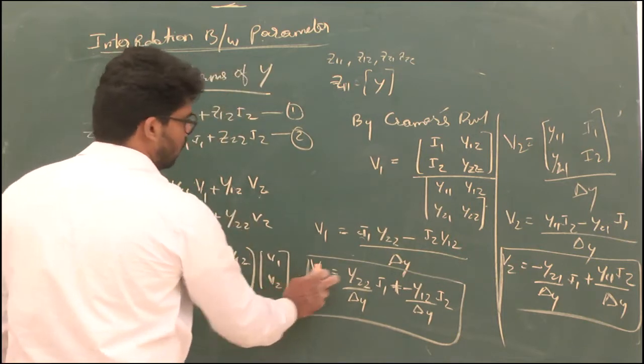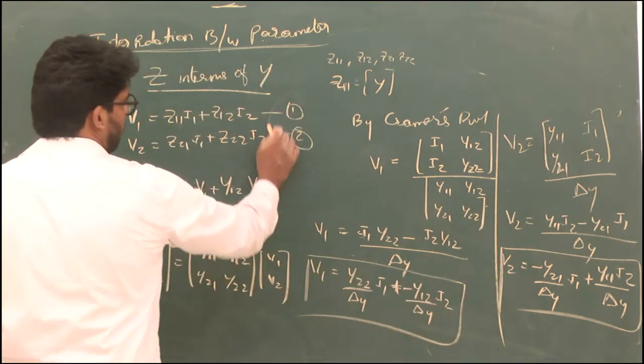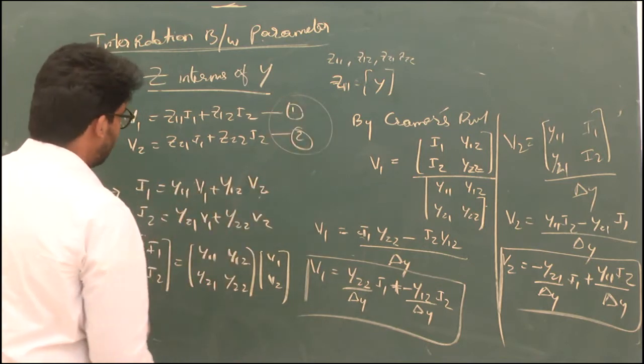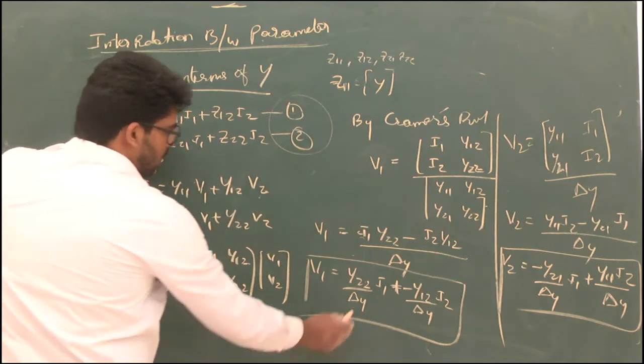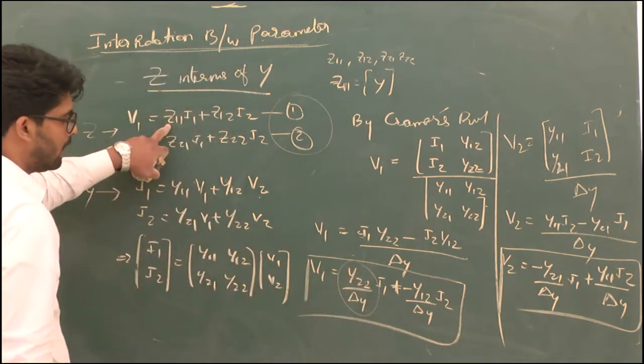Comparing equations V1, V2 with the equations obtained from z parameters, see, this coefficient z11 is equal to y22 by delta y.